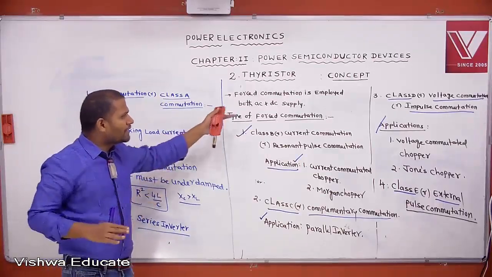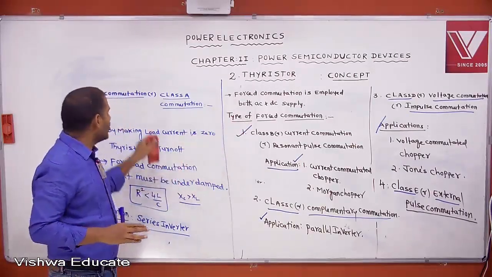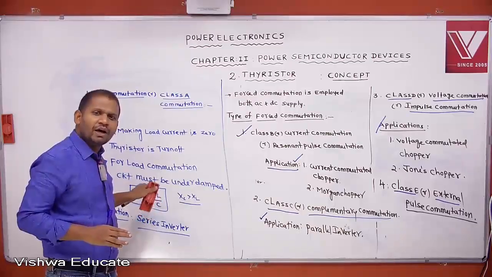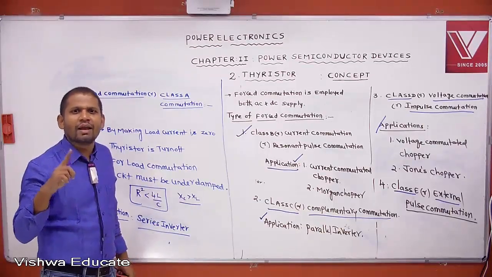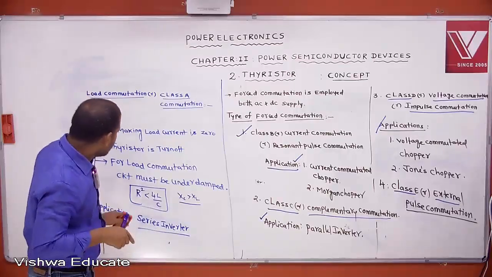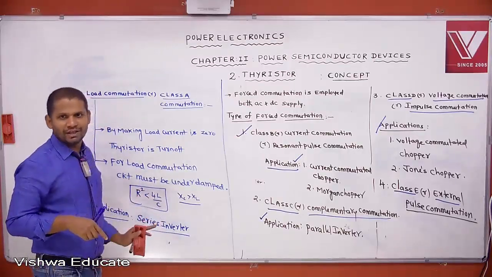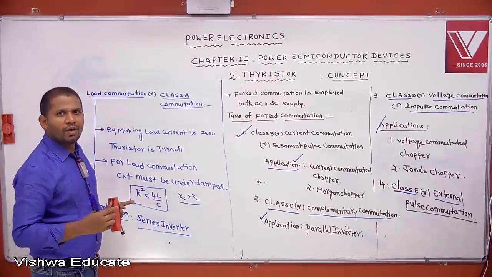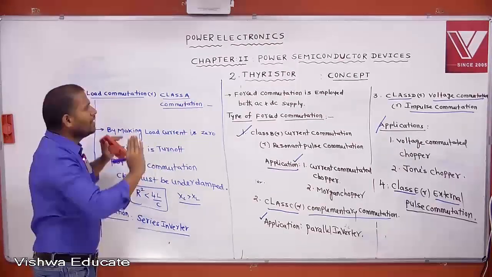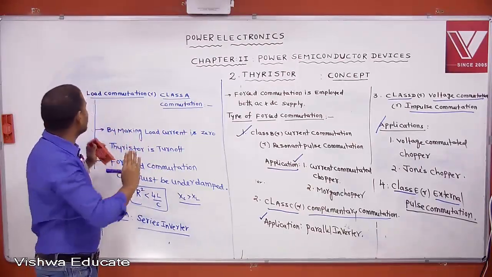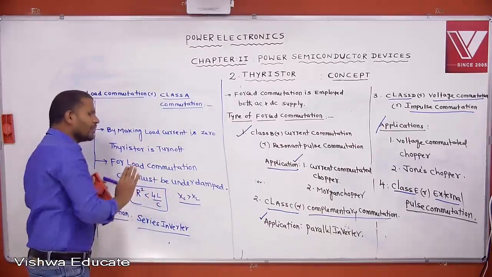Here there is no need to make the circuit underdamped. But if you want to employ load commutation, you must frame the circuit to be underdamped. You can select R, L and C elements in such a way that R square is less than 4L by C. That's why I am giving it separately. Forced commutation methods are one concept, natural commutation is one concept, and load commutation is one concept.